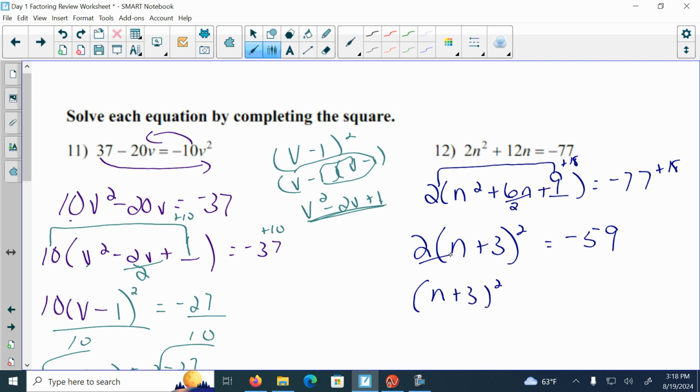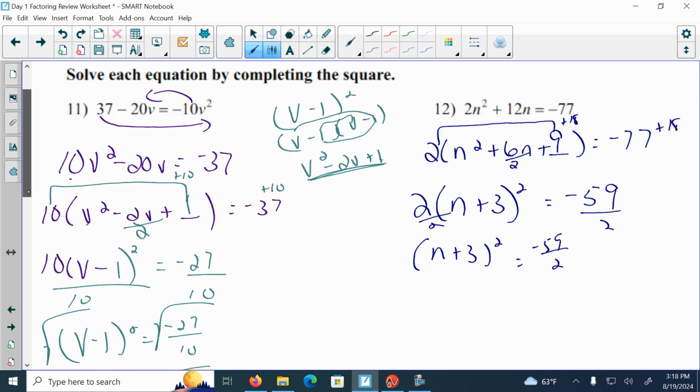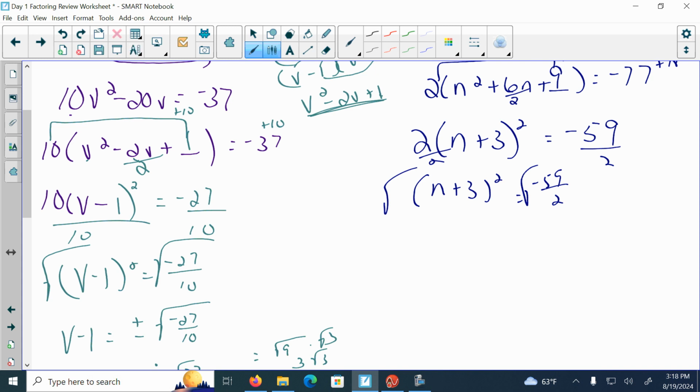Divide both sides by 2. Take the square root. I'm going to do i times the square root of 59 over the square root of 2. Then I'm going to rationalize while I'm here. 59 is a prime number.